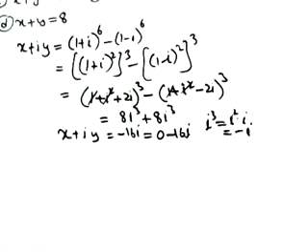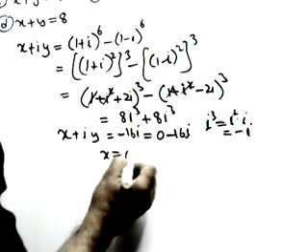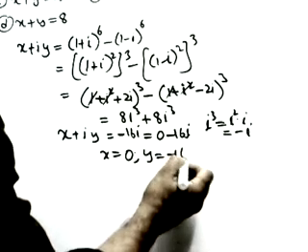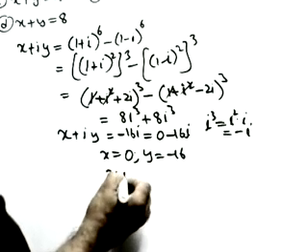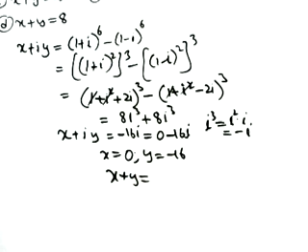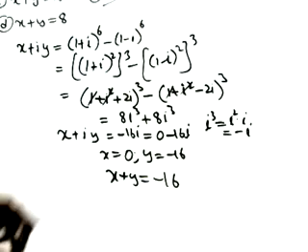Therefore, we can say the value of x is 0 and y is minus 16. What is the question? x plus y. So 0 plus minus 16 is minus 16. So the second bit, x plus y equals to minus 16.